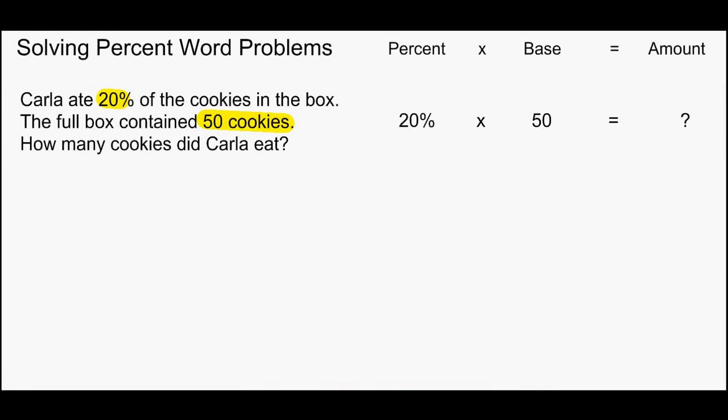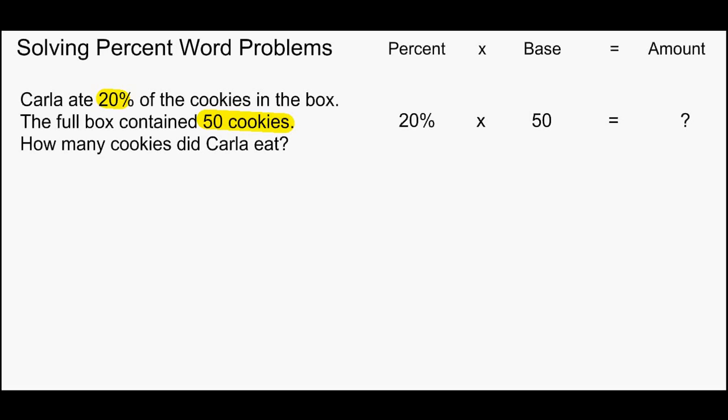Let's use the percent equation to solve percent word problems. Our first word problem: Carla ate 20% of the cookies in the box. The full box contained 50 cookies. How many cookies did Carla eat? Here we are given the percent, 20%, and the base, the full box of cookies, 50.